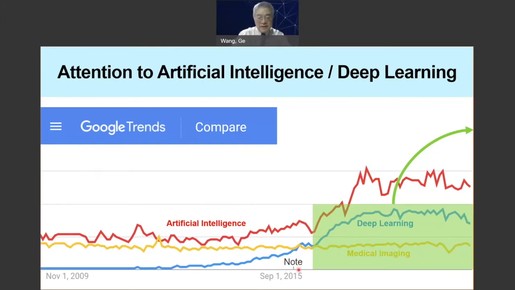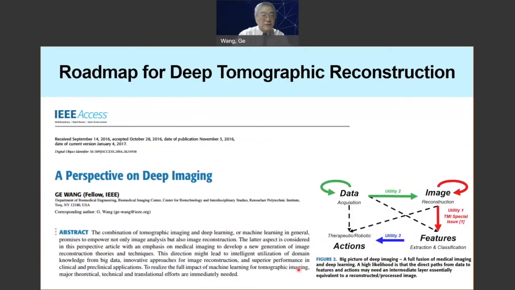So it's around 2016. In 2016, I wrote a perspective article on deep learning. We believe deep learning inspired tomographic reconstruction will be a new application and a new frontier of machine learning or deep learning. Machine learning or deep learning was first applied in image analysis and computer vision.